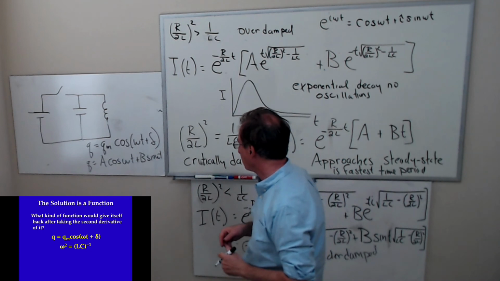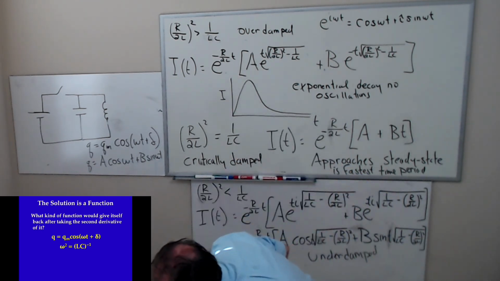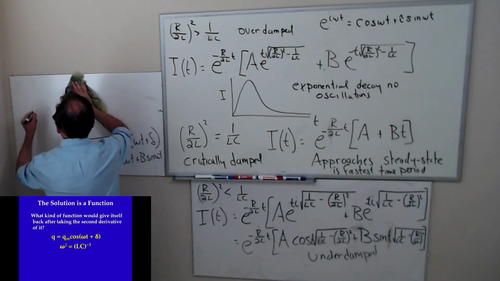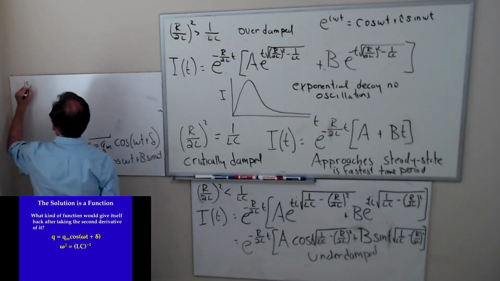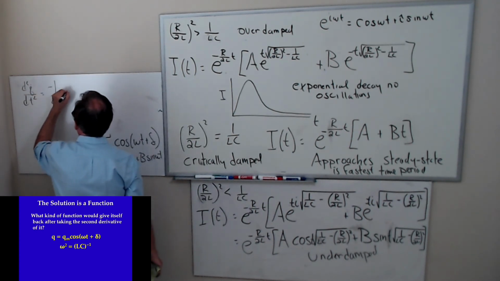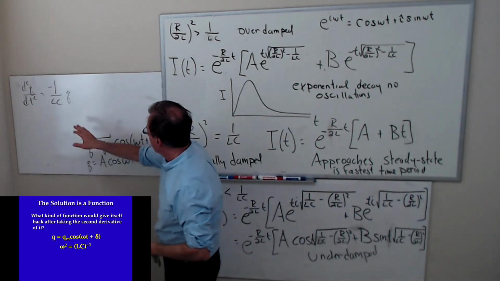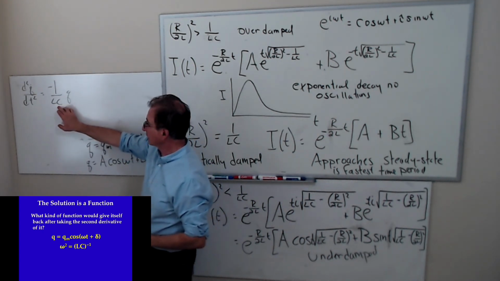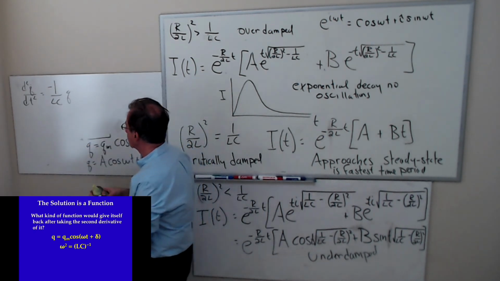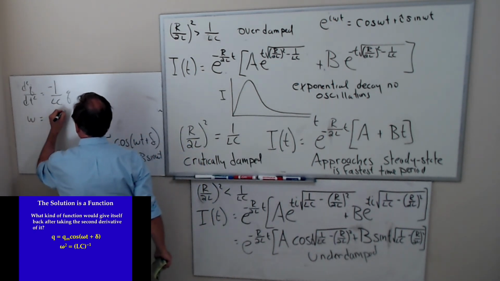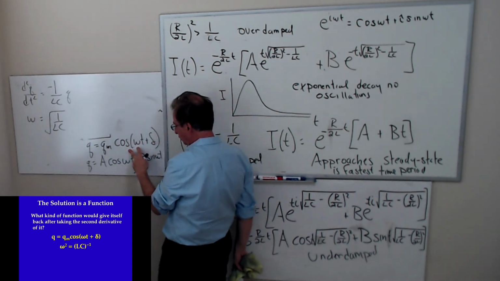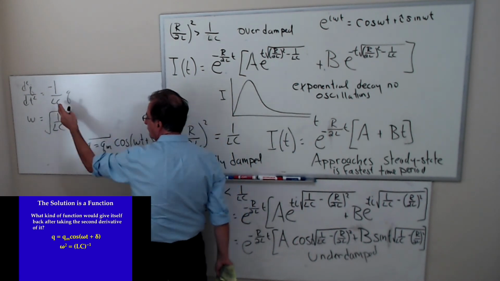So remember, we had this equation. I take a derivative twice and I get this thing coming out. So I wrote my omega as the square root of 1 over LC, because if you take the derivative of this thing twice, omega comes out twice, so you get the 1 over LC out of it.